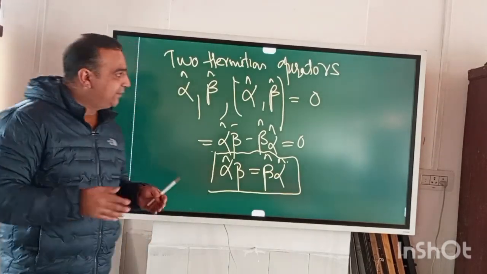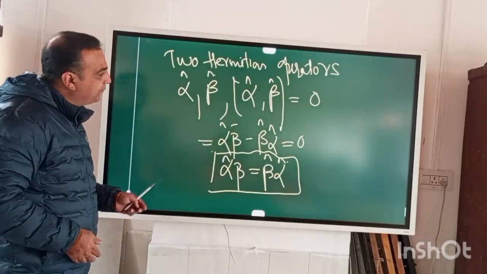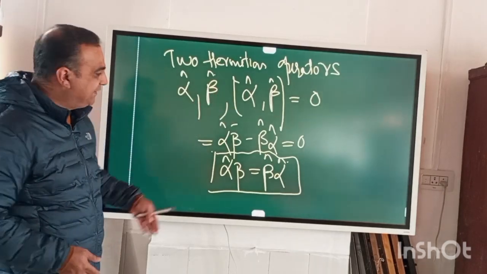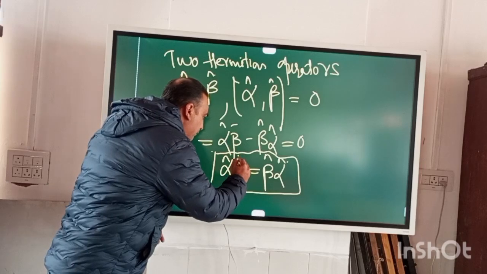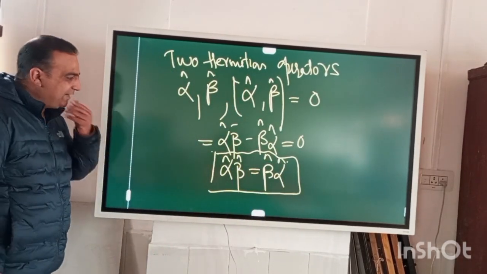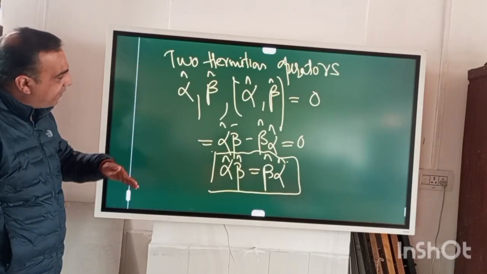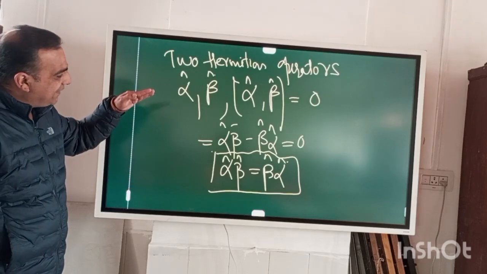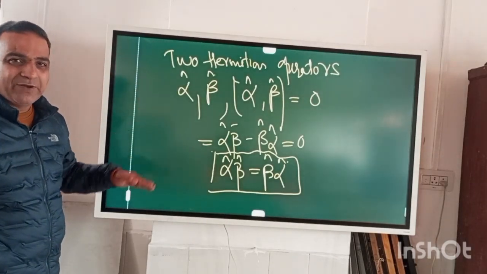If they commute, their commutator is equal to 0, so I expand this commutation and write alpha cap beta cap equal to beta cap alpha cap. Now, the question is that if these conditions are involved in my problem, I want to prove that the product of alpha cap and beta cap is also a Hermitian operator.